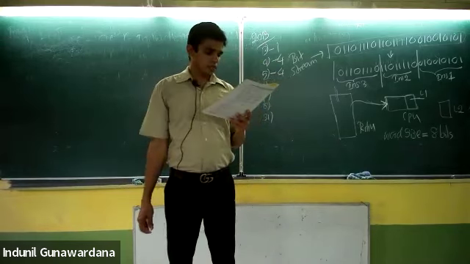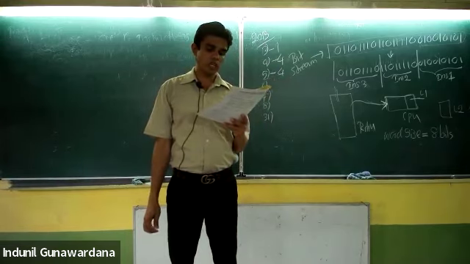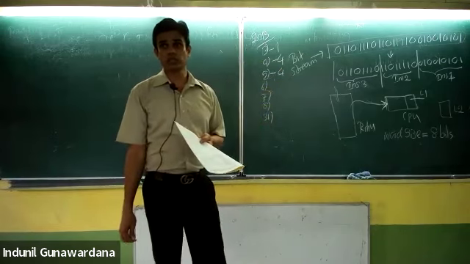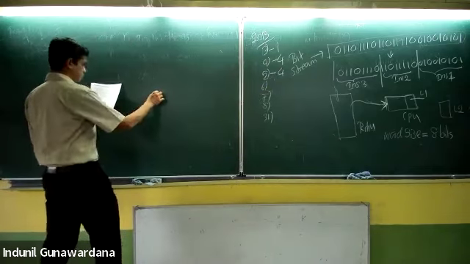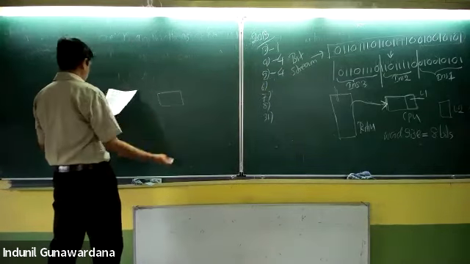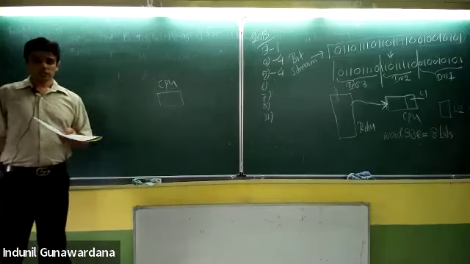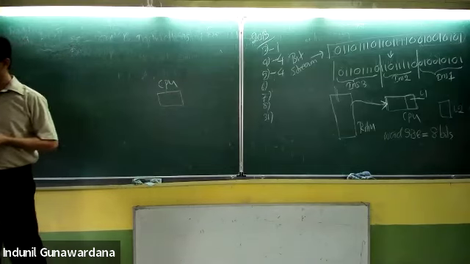Sixth, sharing a single microprocessor among a number of application programs using context switching is known as. You may not know context switching, but we can just mention the rest of the things. Sharing a single microprocessor, that means CPU. A single CPU is shared among a number of application programs.